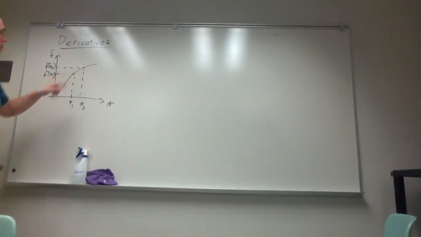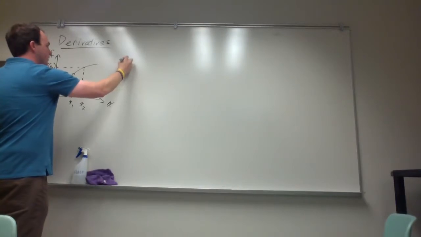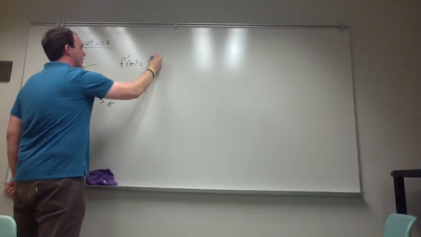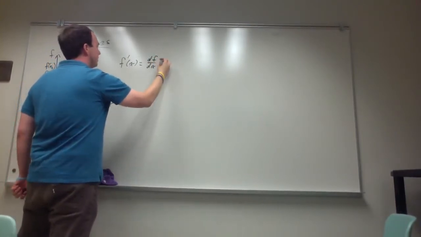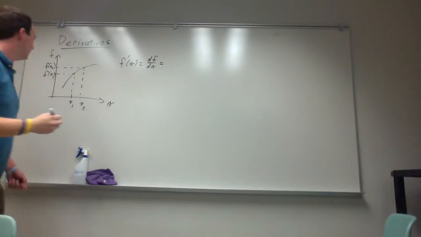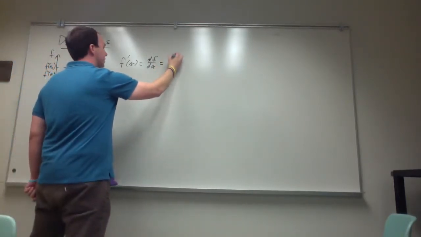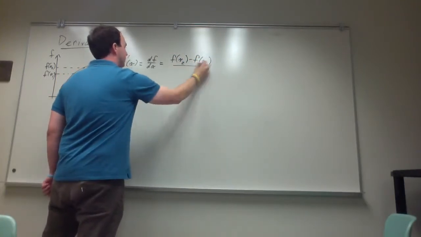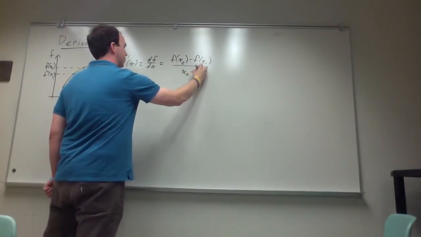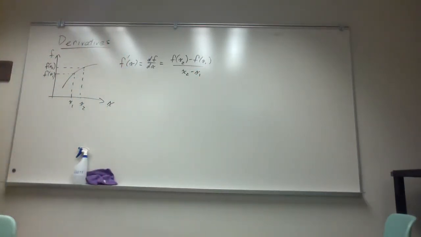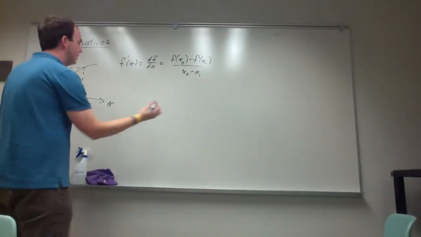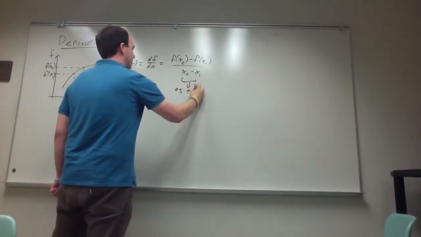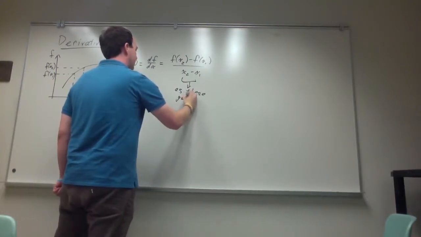Basically, the derivative of x, so f prime of x, which you could write as df dx, is f of x2 minus f of x1 divided by how far x2 is from x1, as these get close.